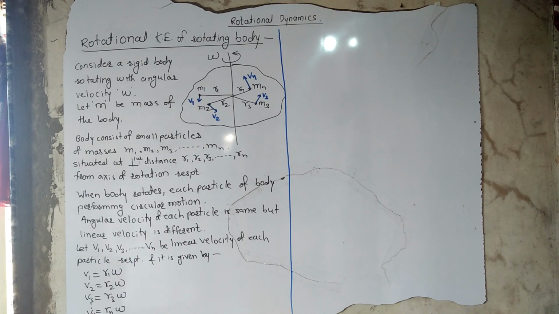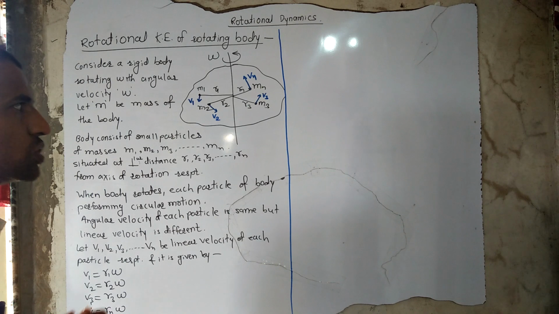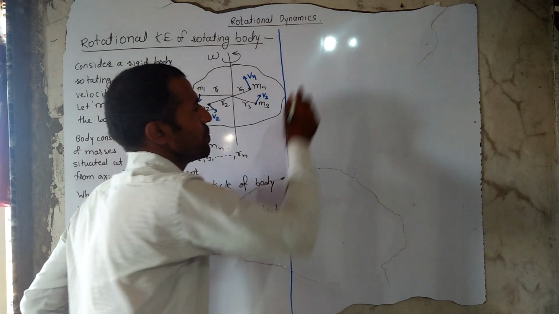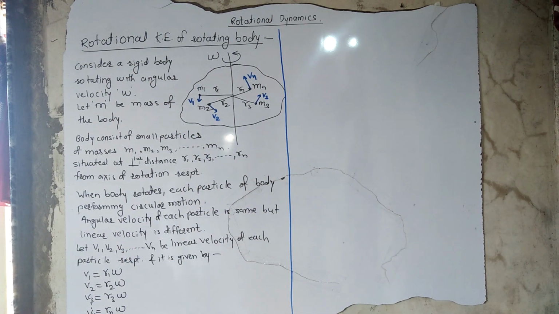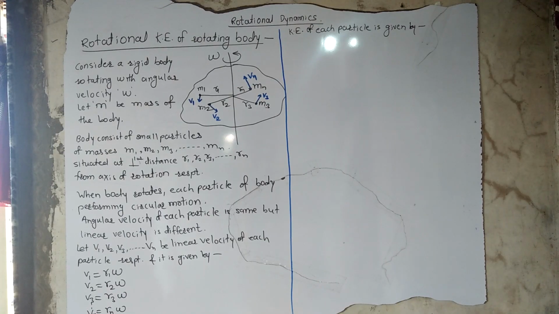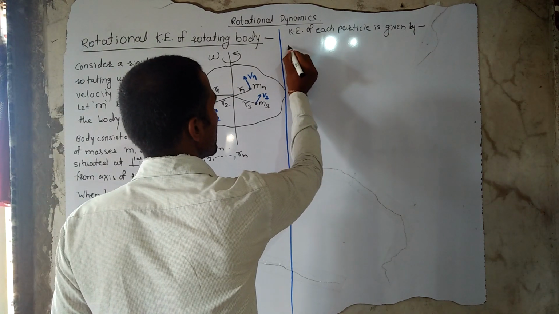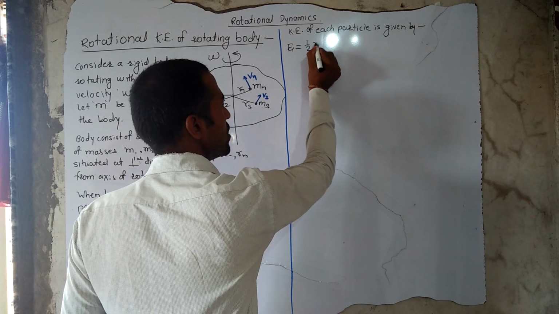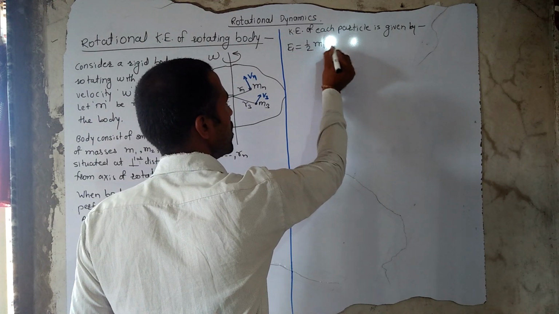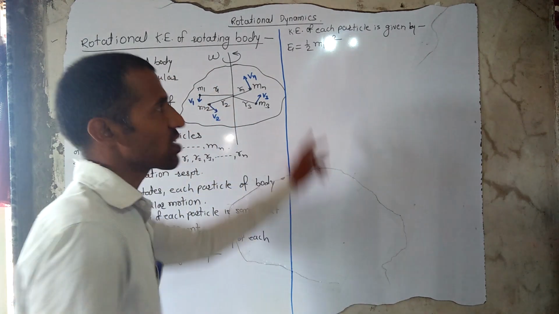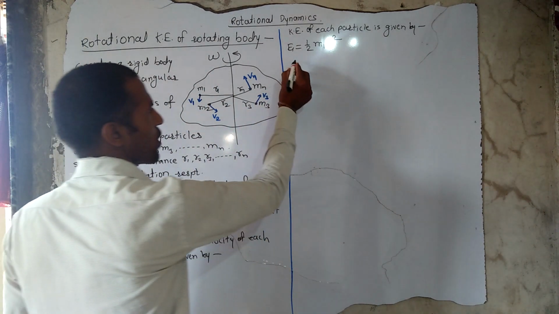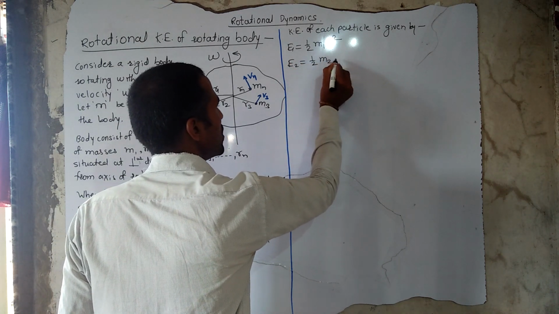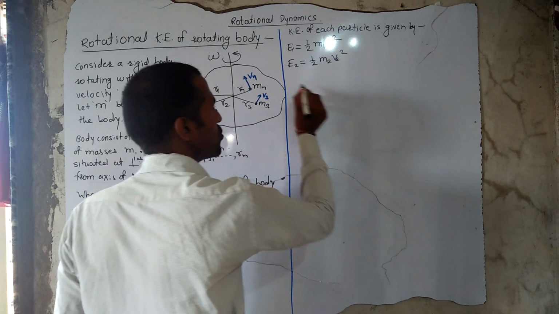As each particle is moving with a certain velocity, each particle possesses kinetic energy. So the kinetic energy of each particle is given by E1 is equal to half m1 v1 square. This is the kinetic energy of the first particle. Now the kinetic energy of the second particle, E2, is equal to half m2 v2 square.